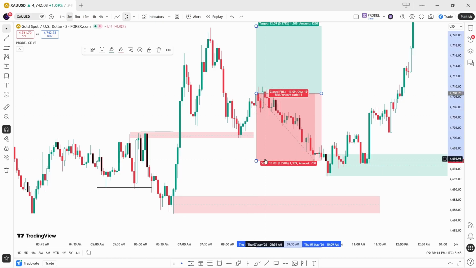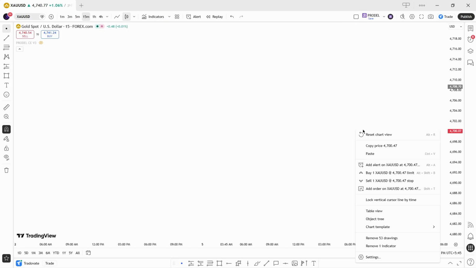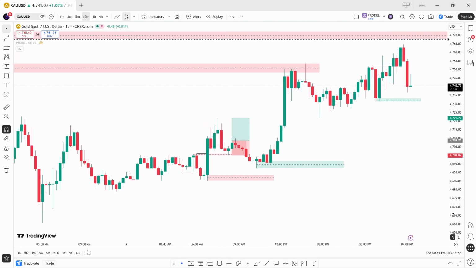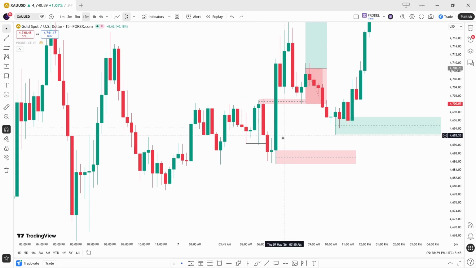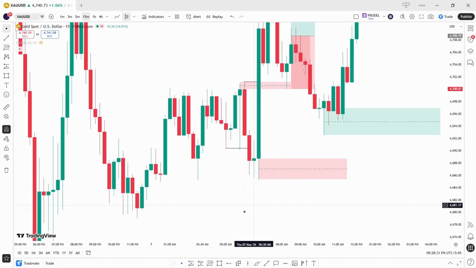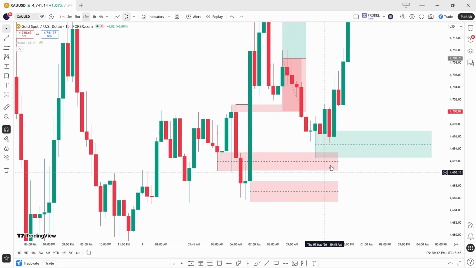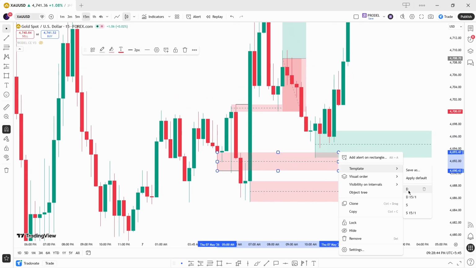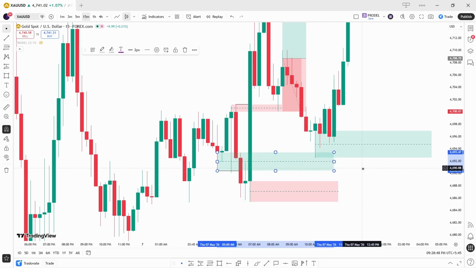There was my entry, and my SL was at this point, and you can see there was also another level from where I took buy, because this is the change of character, and then after again it formed the change of character. So there becomes this double change of character, which forms the DQM level. You can see this is the DQM level.